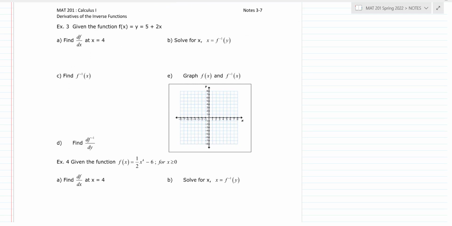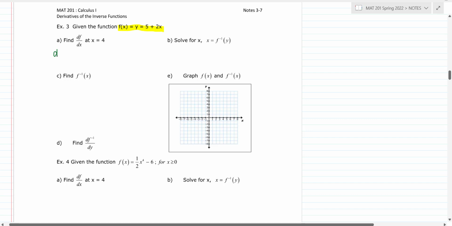We use this rule when finding an inverse is difficult. But I'm going to do some examples where finding an inverse is fairly straightforward. To begin with, let's just look at a line. A linear function is really easy to work with. I'm going to go through these steps and take the derivative of this function at x equals 4.